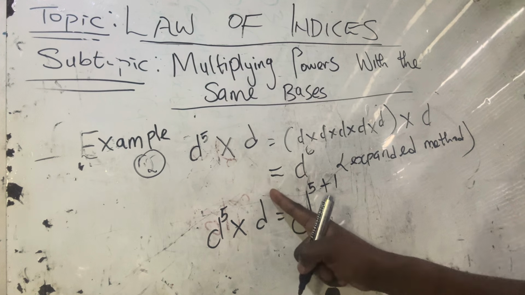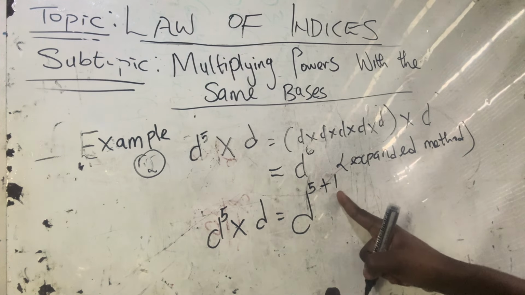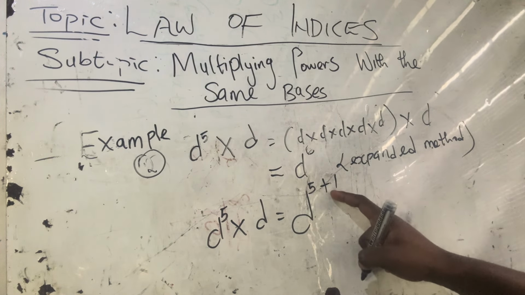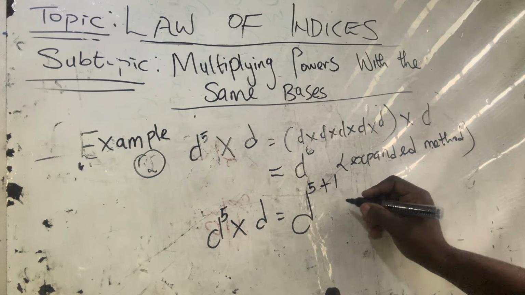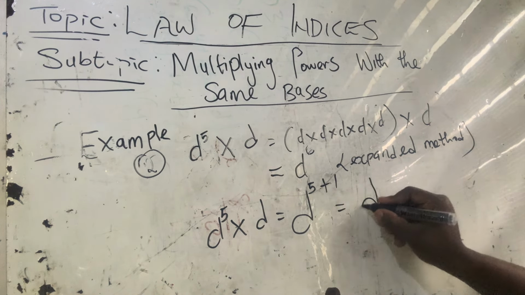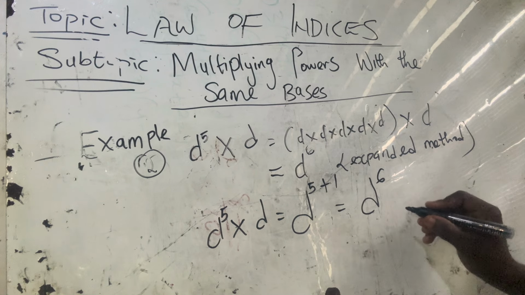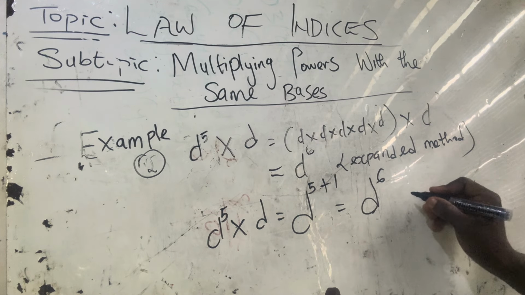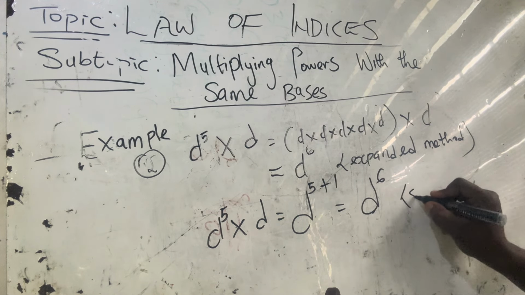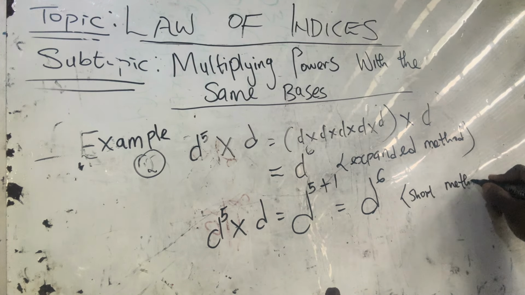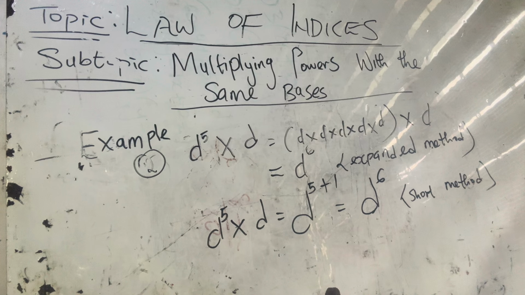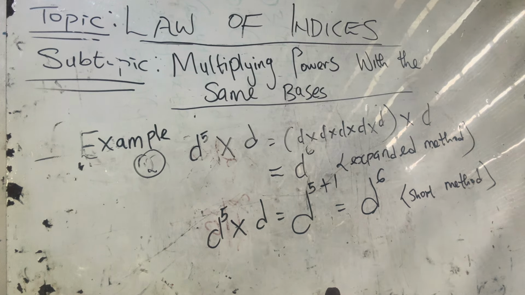There's an invisible one here. That is how I come about this one. So that means d raised to power 5 plus 1 gives us d raised to power 6. So this method is called the short method of solving multiplying powers with the same base under law of indices.